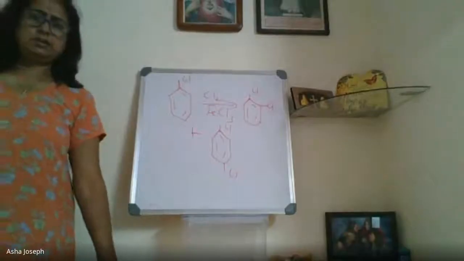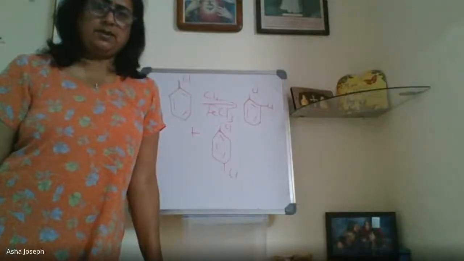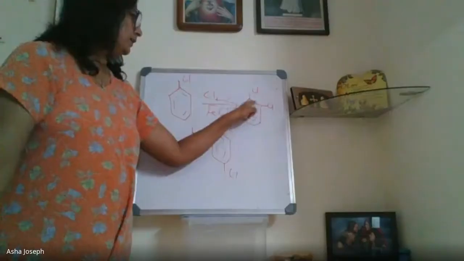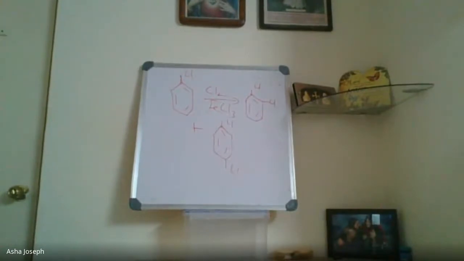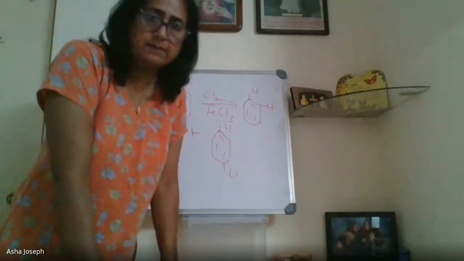The name you are saying, it is 1 and 2, no? 1,2-dichlorobenzene. Yes, ma'am, they have mentioned it as minor. Major and minor you are saying? Yes, ma'am, there is a small doubt. Major and minor product?